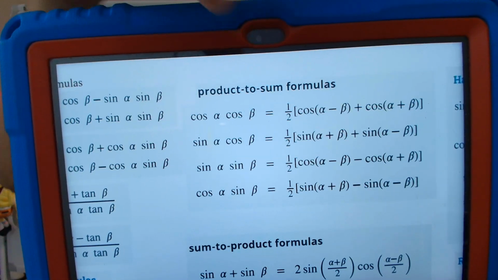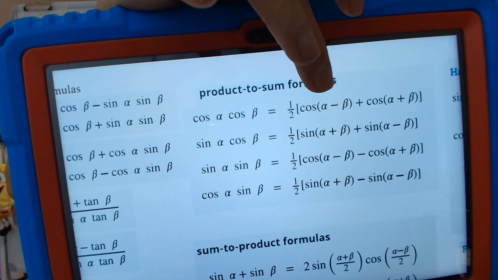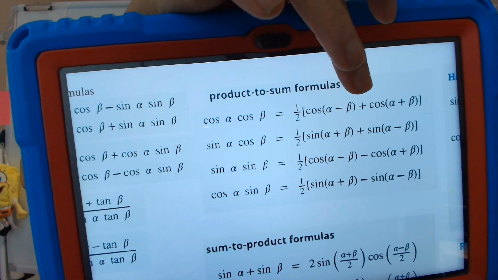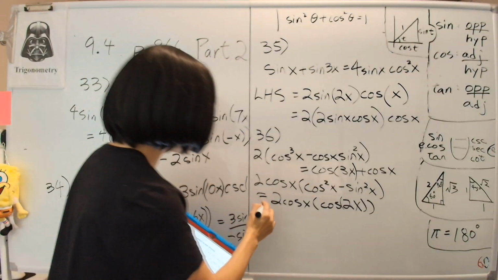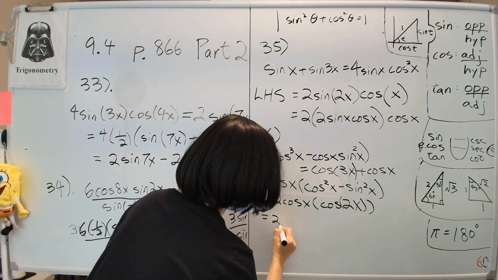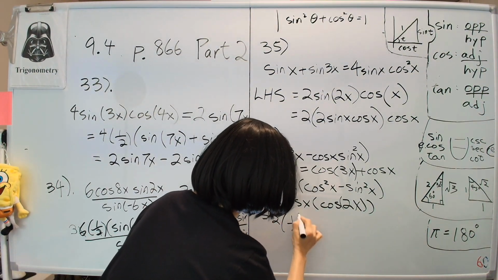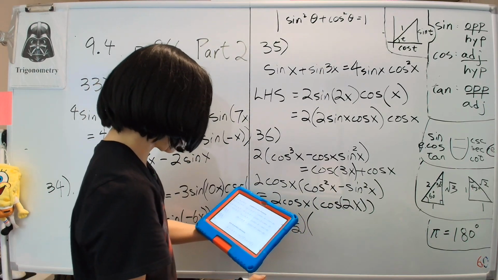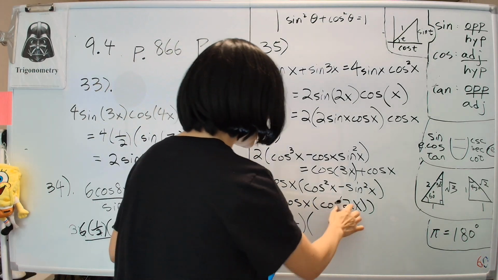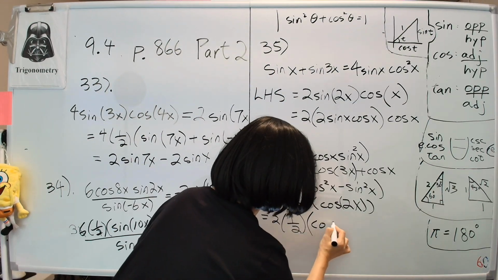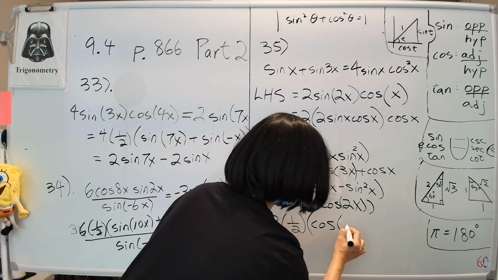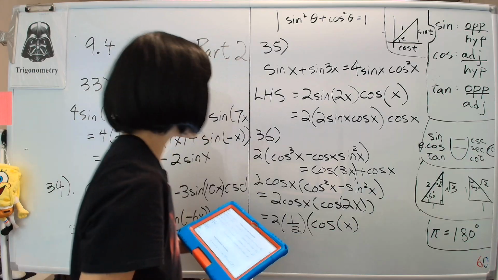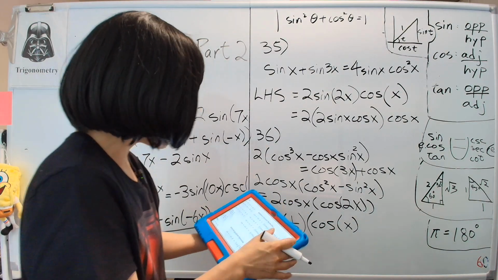Cosine alpha cosine beta equals 1/2 times cosine of (alpha minus beta) plus cosine of (alpha plus beta). So let's write that down. This is equal to 2 times 1/2 times, what was it? Cosine of one minus the other. So it's cosine of x minus 2x. That would be just x, because it'd be negative x and we'll throw away the negative sign.